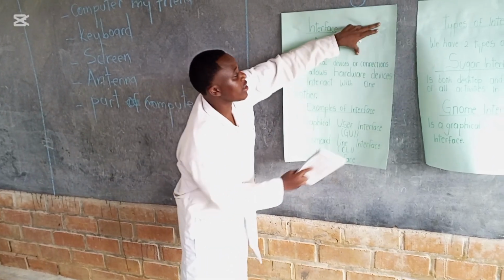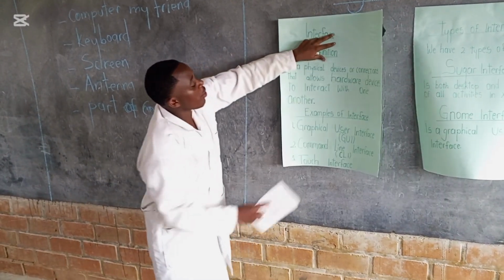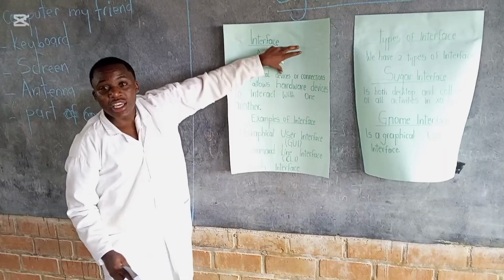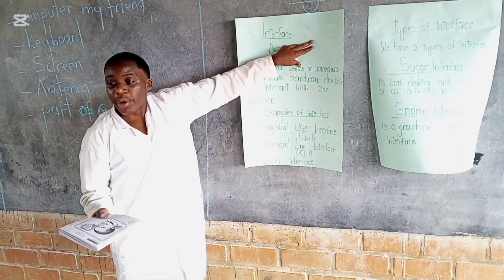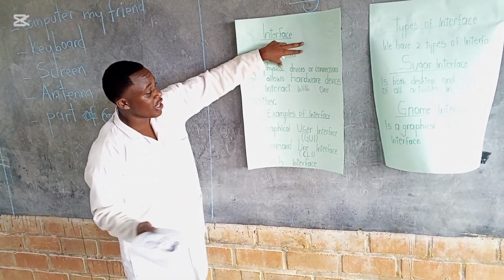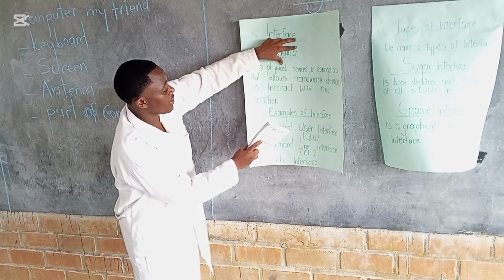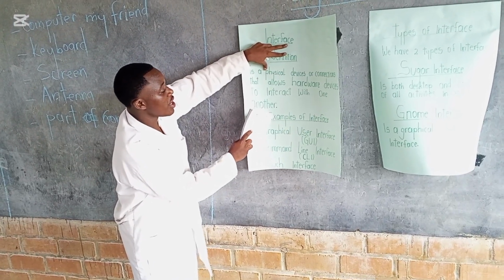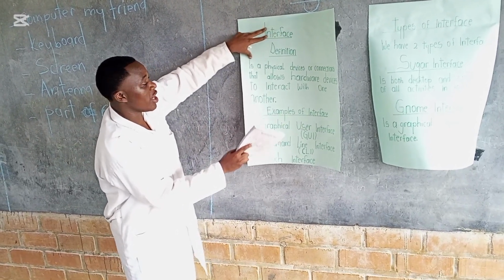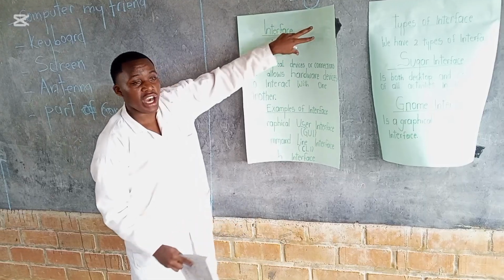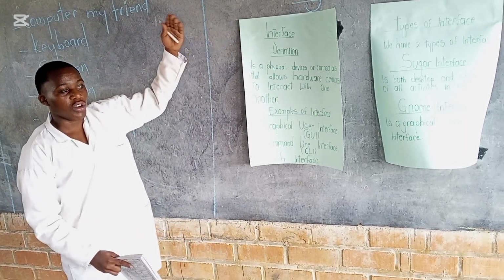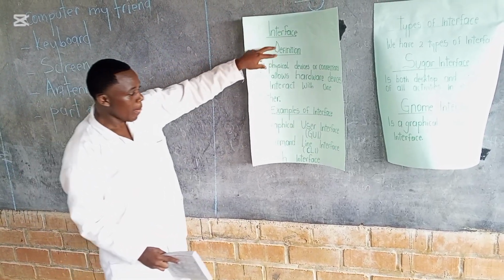Here they are telling that when we have a keyboard, you can interact by using the keyboard, because the keyboard is the hardware device that is going to be used with another one in order to have more information about the computer or something you want on the computer.